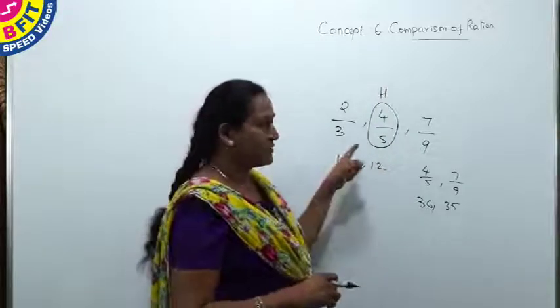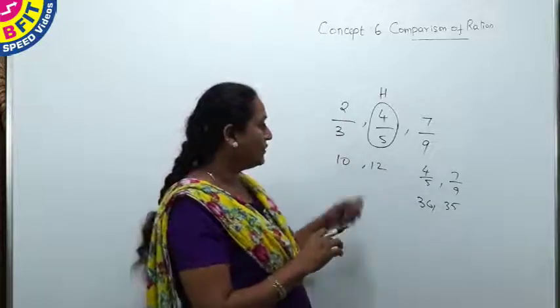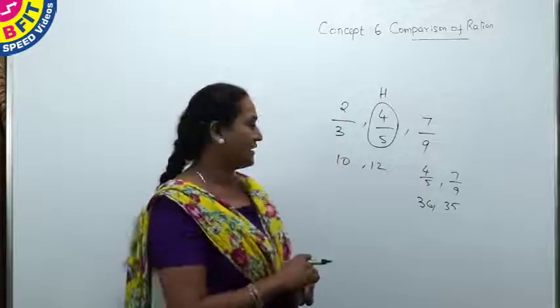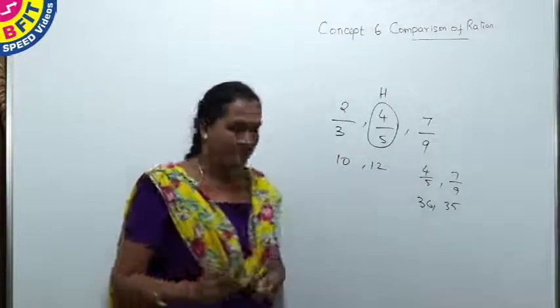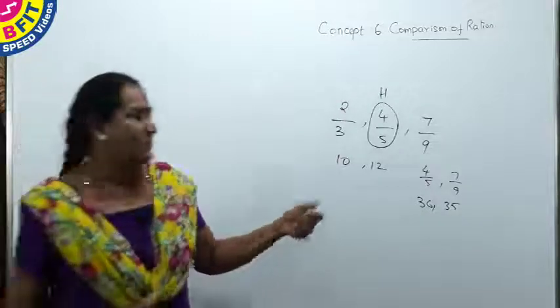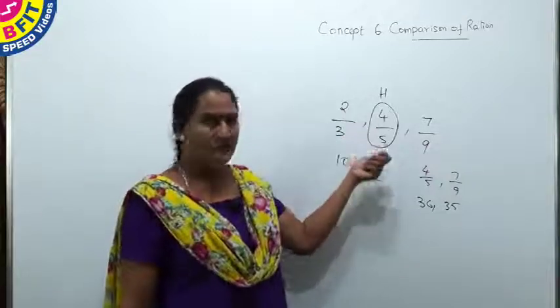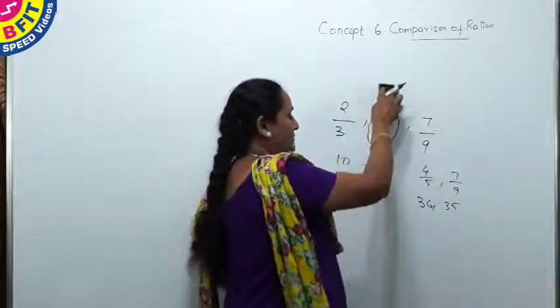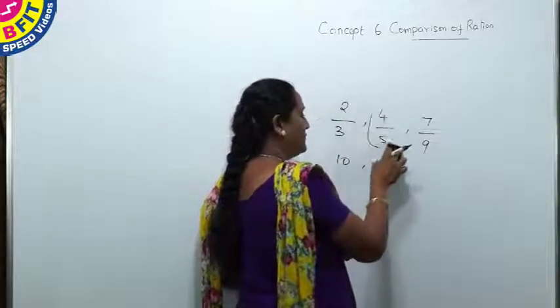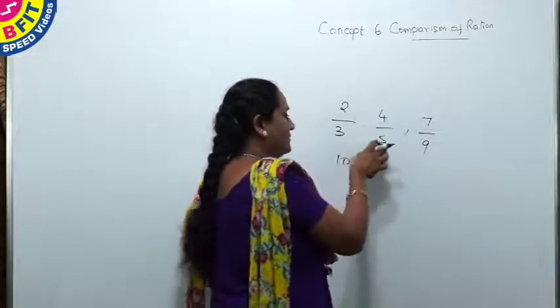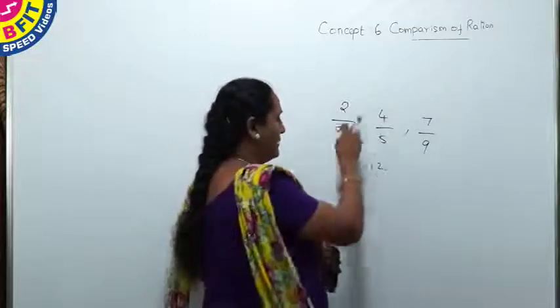So just by cross multiplying, taking 2 at a time, we can find which is the highest fraction. Suppose you are asked to find the lowest one. Our question was for the biggest, so we chose the biggest or the highest fraction. Now if smallest is asked, take this 2 at a time by multiplying 10 and 12.